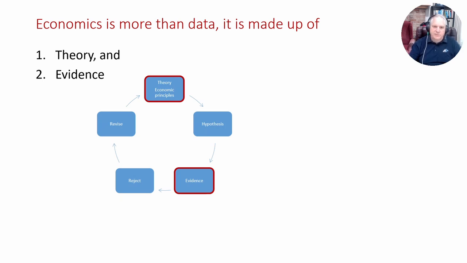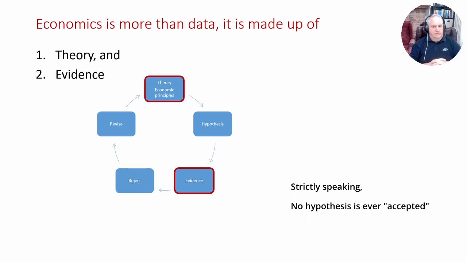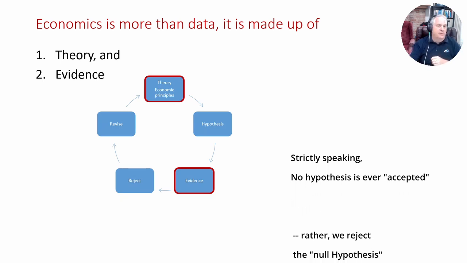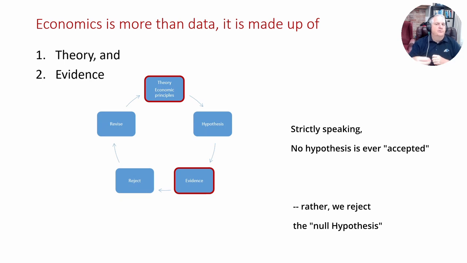Sometimes that evidence is hard quantitative data, sometimes it's qualitative data, but nevertheless it is evidence that we use to determine whether or not our hypothesis can be rejected or, as they say, accepted. If we indeed reject the hypothesis, hypotheses are generally set up to be null hypotheses, that is, to be rejected.